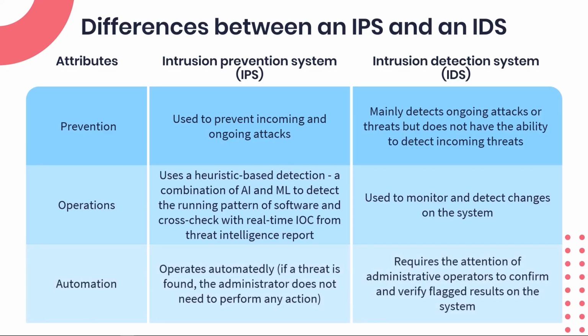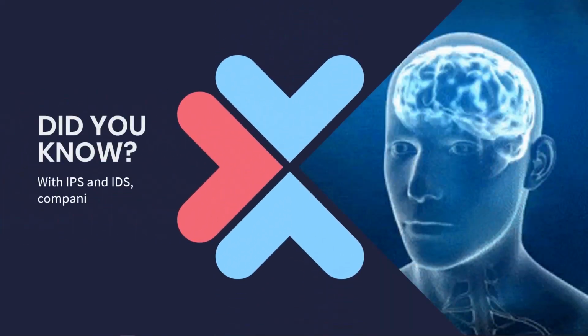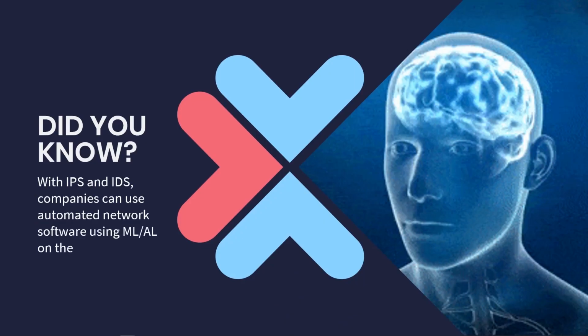The attribute automation with an IPS operates automatically. If a threat is found, the administrator does not need to perform any action. And automation with IDS requires the attention of administrative operators to confirm and verify flagged results on the system. Did you know that with IPS and IDS, companies can use automated network software using ML/AI, machine learning and artificial intelligence, on their system?